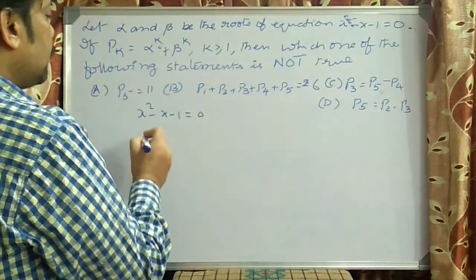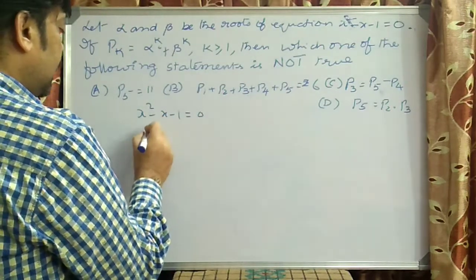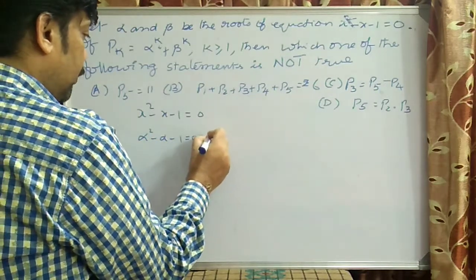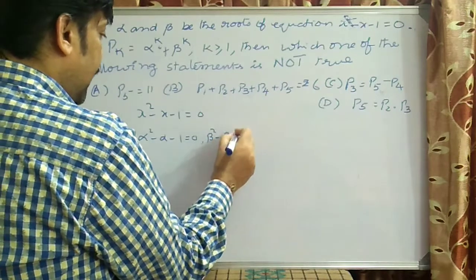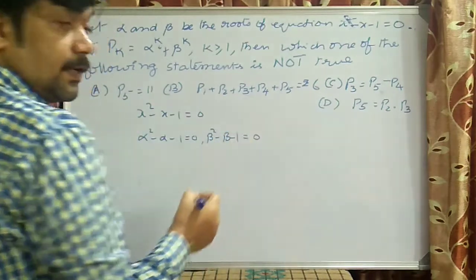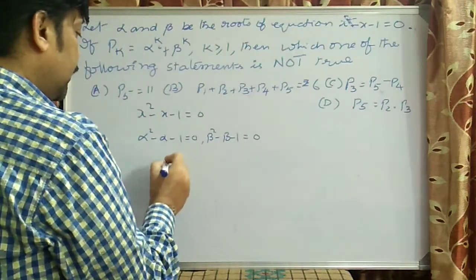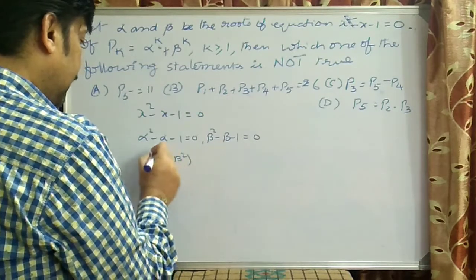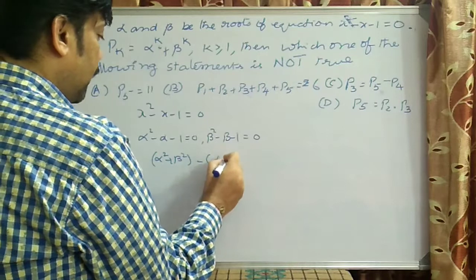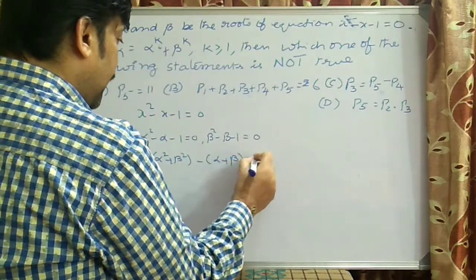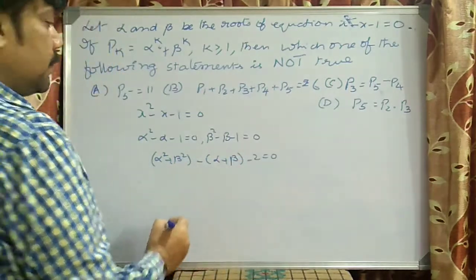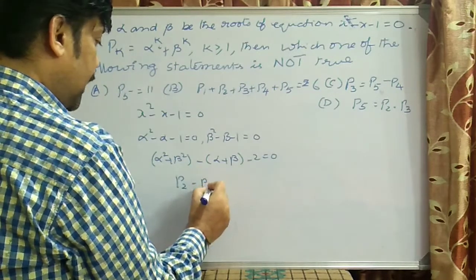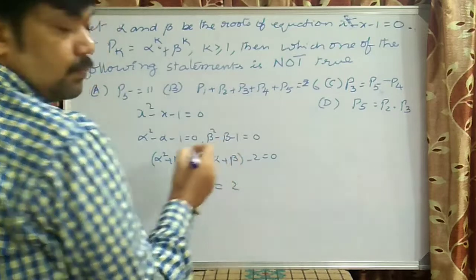Now alpha is a root of this equation, so alpha square minus alpha minus 1 is equal to 0, and beta square minus beta minus 1 is equal to 0. Adding these two, this is alpha square plus beta square minus (alpha plus beta) minus 2 is equal to 0. So by the given condition, this is P2 minus P1 is equal to 2.